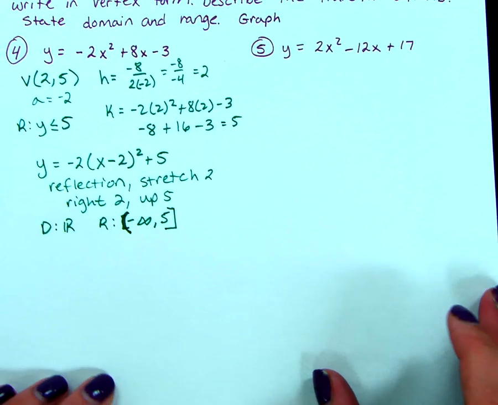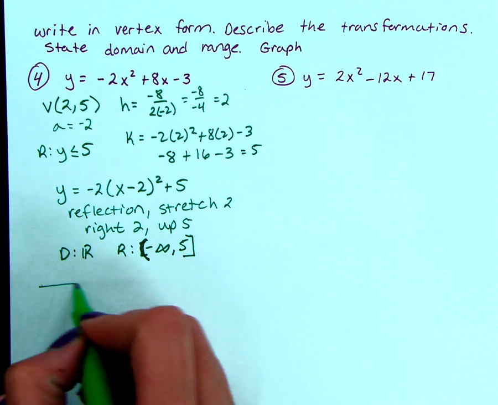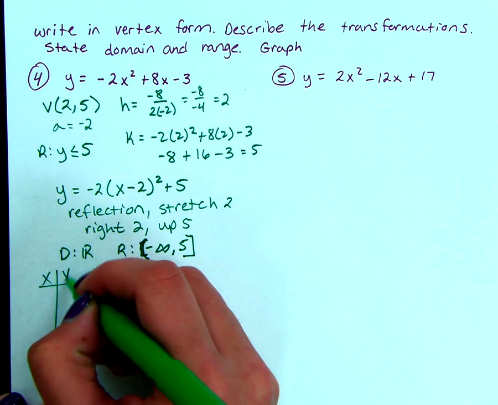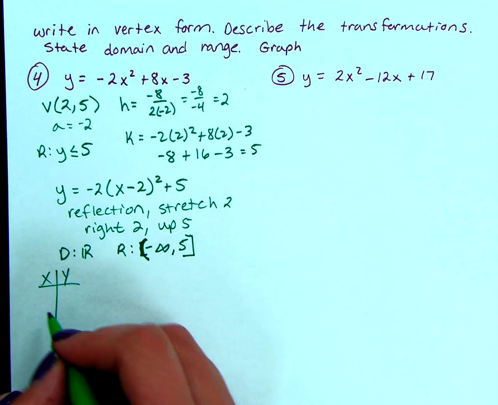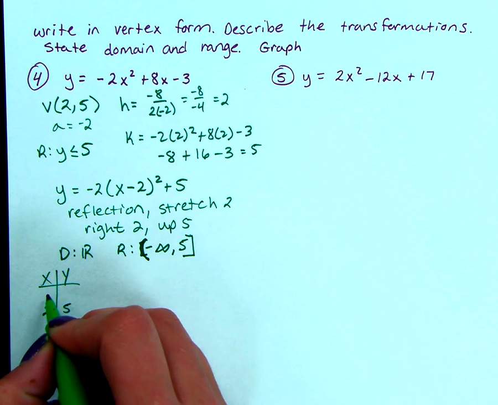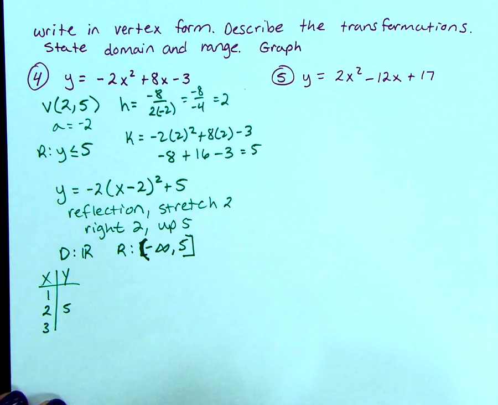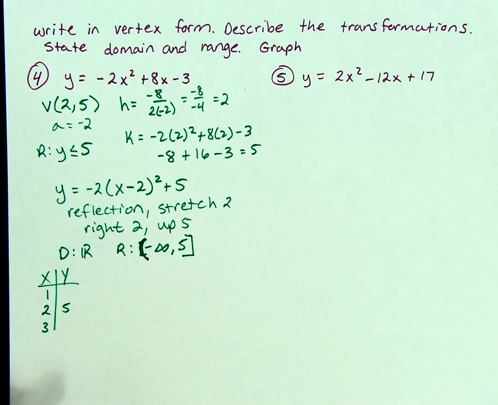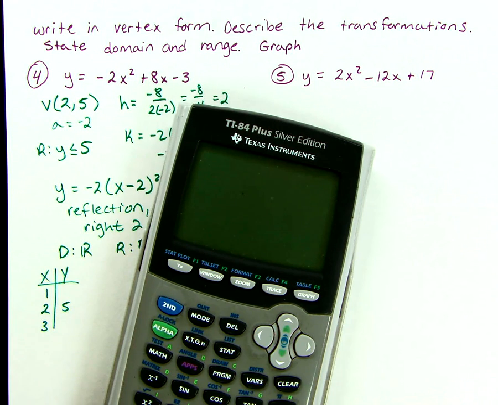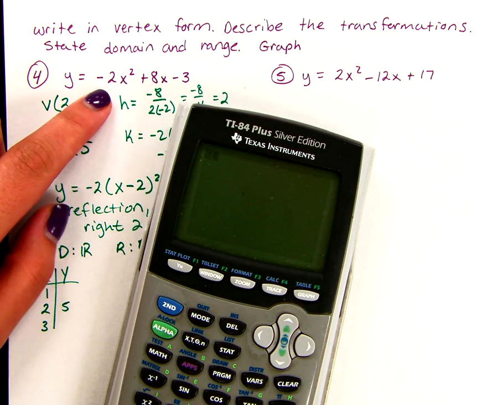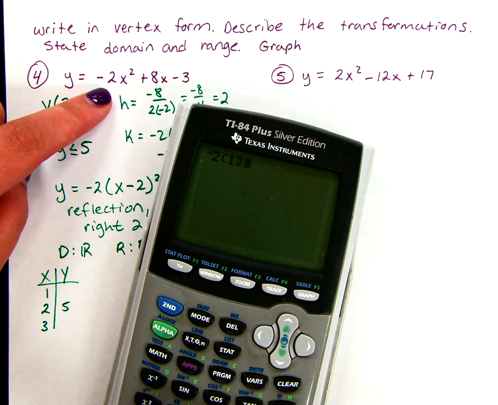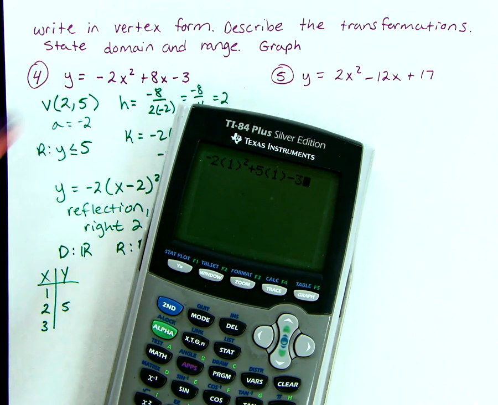So now, if we are going to graph, we want to do our t-chart. So our vertex is 2, 5, and I'm going to choose 1 and 3. So if I pick 1, we're going to substitute it in. And again, I'm just going to use my calculator to help me out. So we will have negative 2 times 1 squared plus 8 times 1 minus 3.